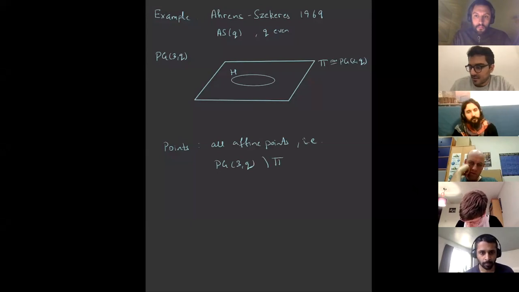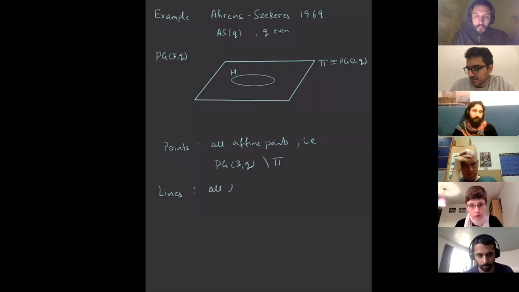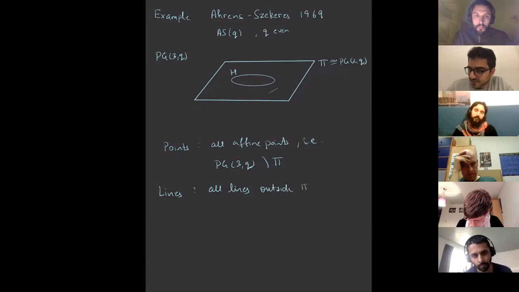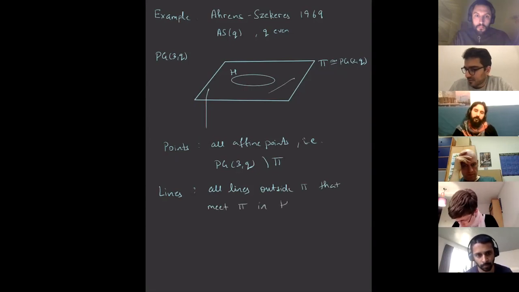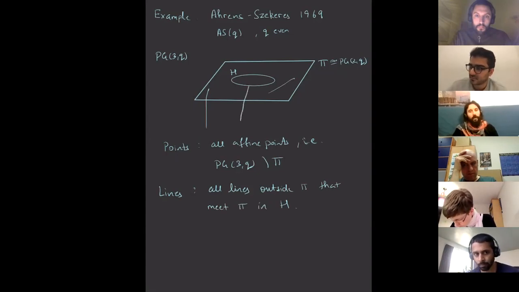And my lines are all lines, again, outside pi. So no line contained in the plane, but every line outside that meets pi in the hyperoval. So only these kinds of lines. So this is not there, this is there.